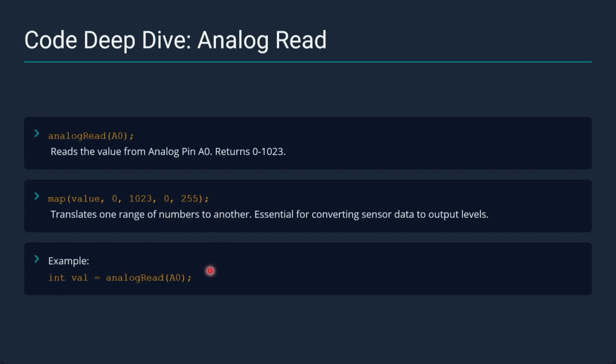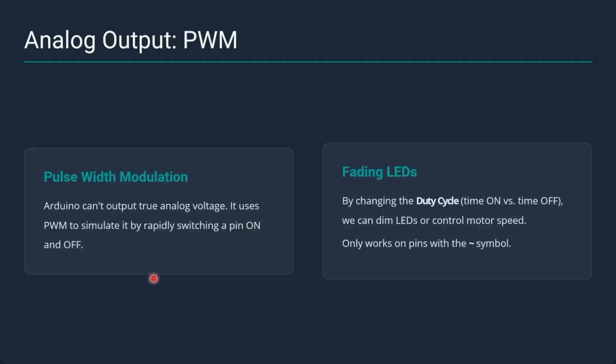Now, Arduino, this is an example of how analog will be written. Now, the next thing is analog output, that is PWM, which is nothing but pulse width modulation. Arduino cannot output true analog voltages, so it makes a cheat.